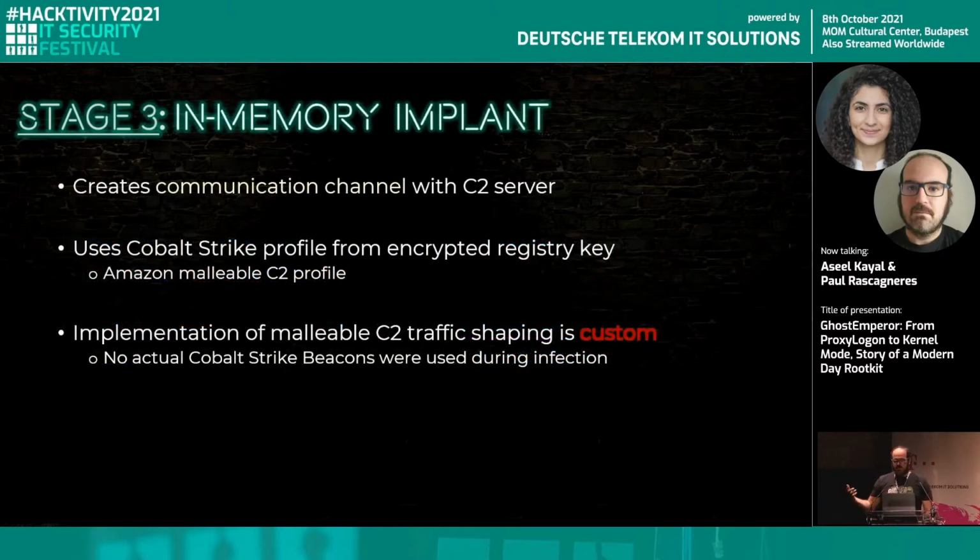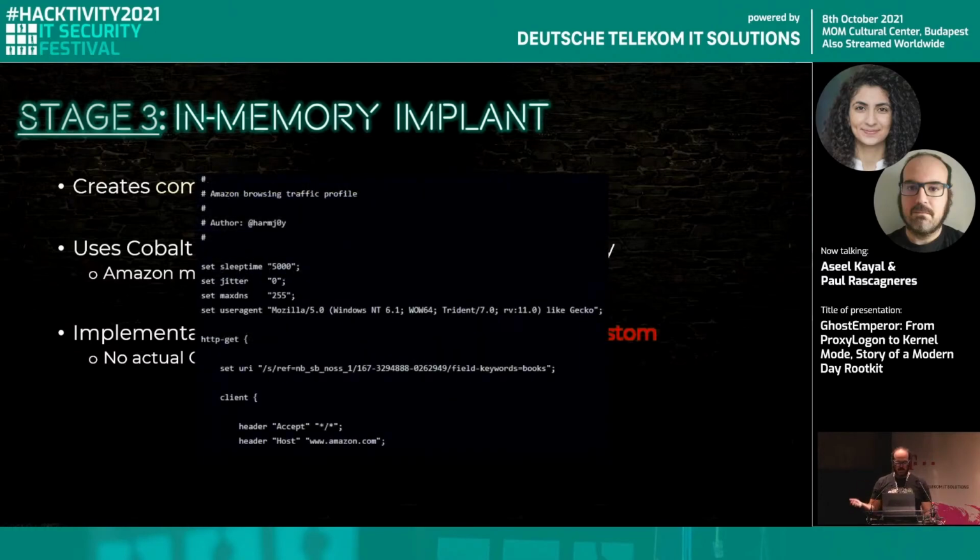So once the service is loaded, and it loads what the final implant, and as I mentioned, it uses malleable C2 profile to communicate outside. And in our case, they use this profile, which is a fake Amazon communication.